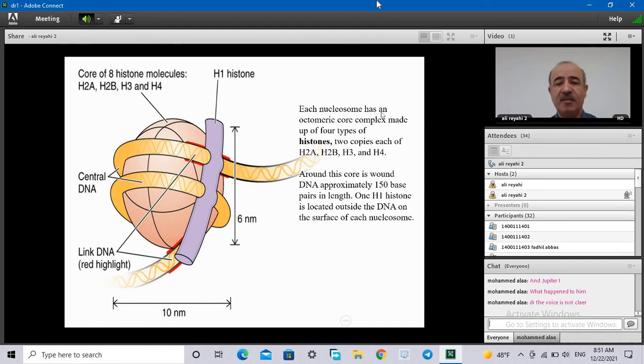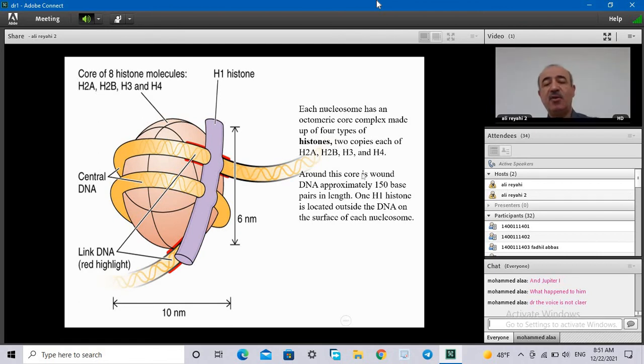Each nucleosome has an octameric core complex, octa meaning 8, made up of 4 types of histone, two copies each of H2A, H2B, H3 and H4.